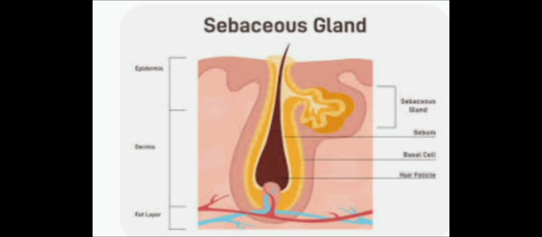A small number of sebaceous glands, known as meibomian glands, open directly into the skin in the epithelium of the eyelids and help to enhance the lubricating properties of tears.